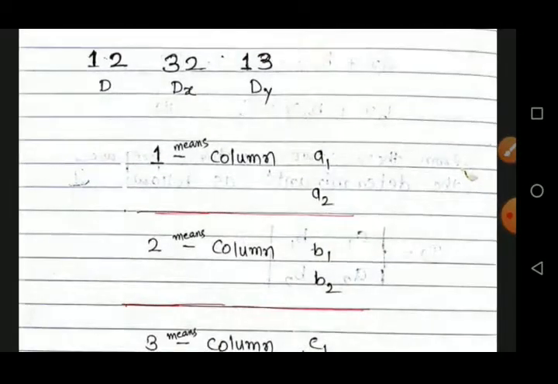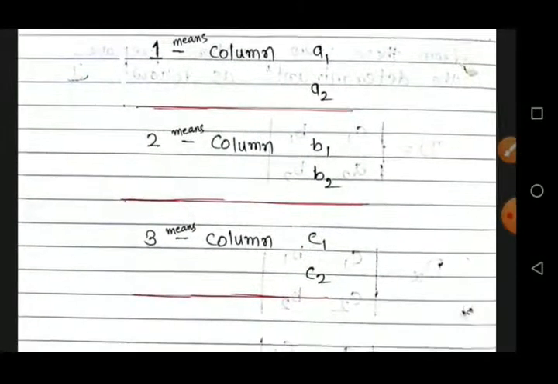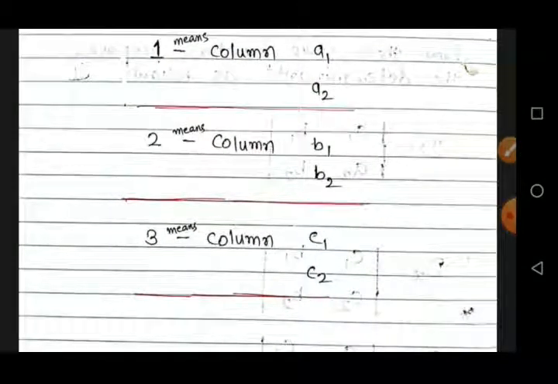Columns 1 and 2 are very important for preparation of determinant D. 1 means the column of a1, a2. 2 means the column of b1, b2. And 3 means the column of c1, c2.